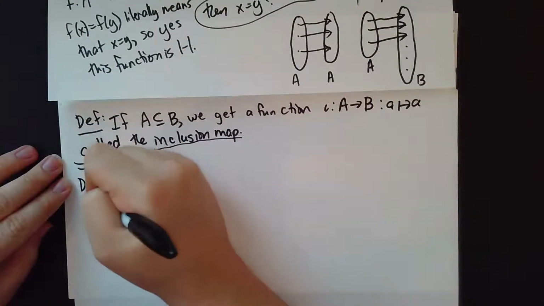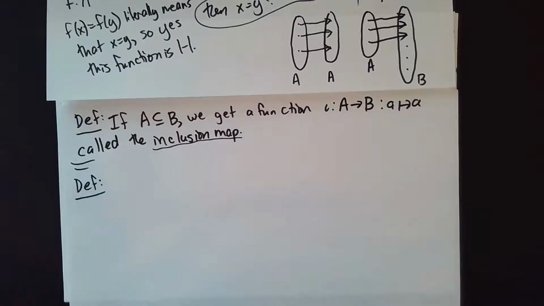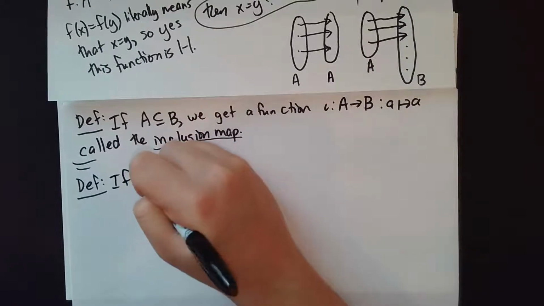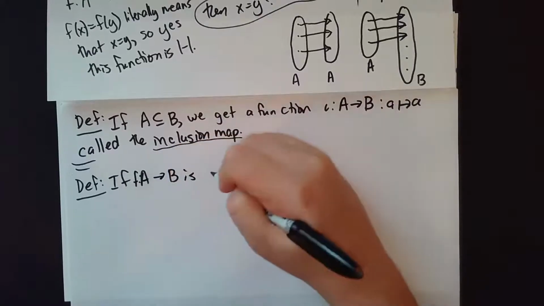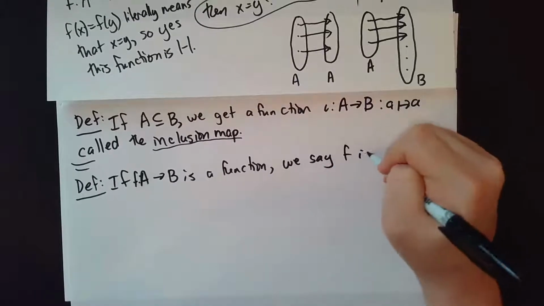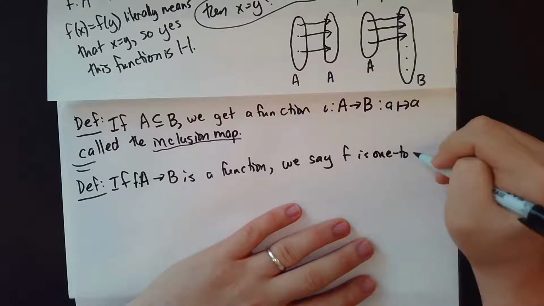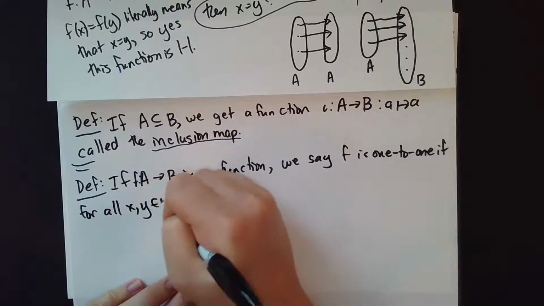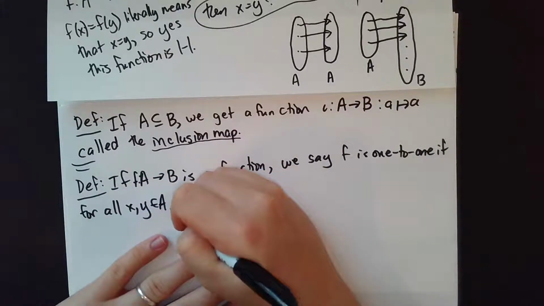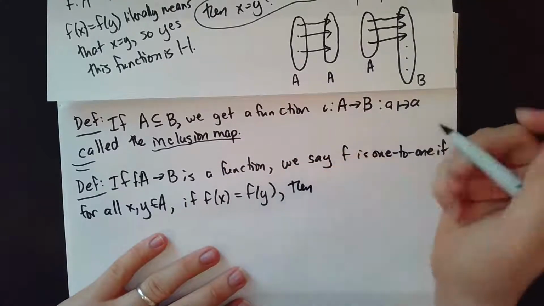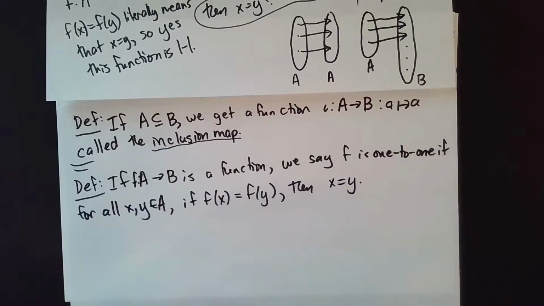To show that a function is one-to-one, we need to show that if I have two inputs that map to the same output, then they're the same input. So this is our boilerplate definition of one-to-one.